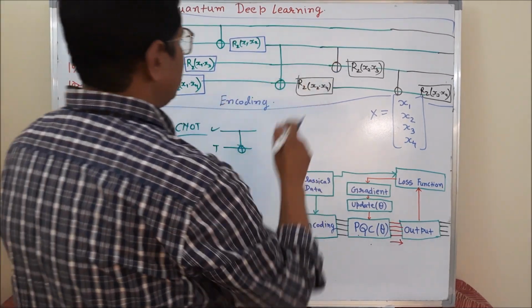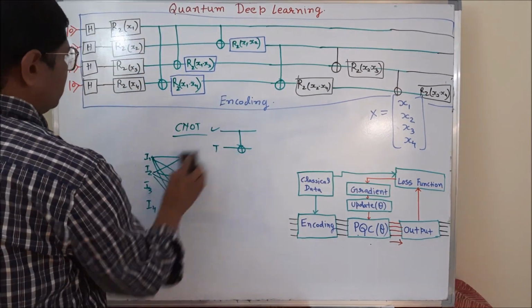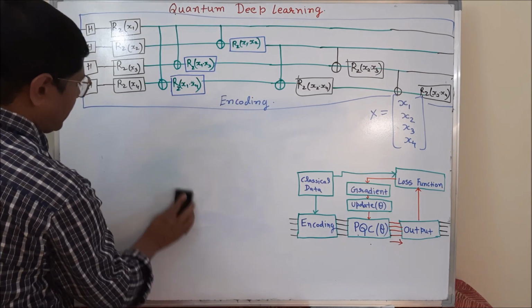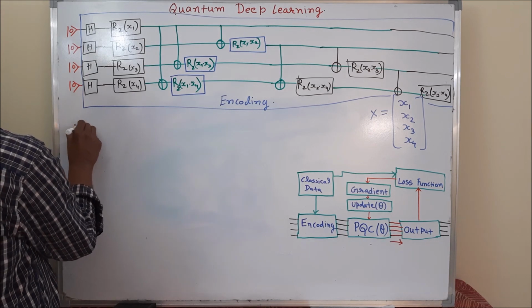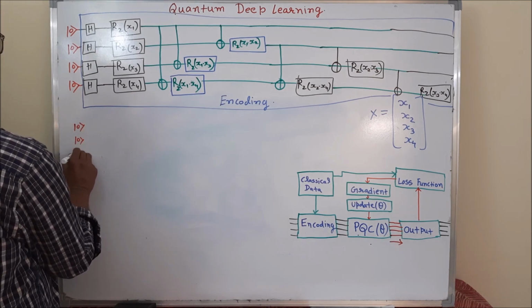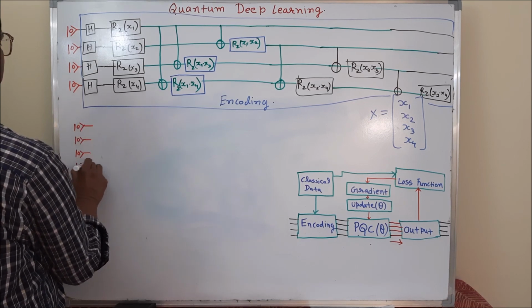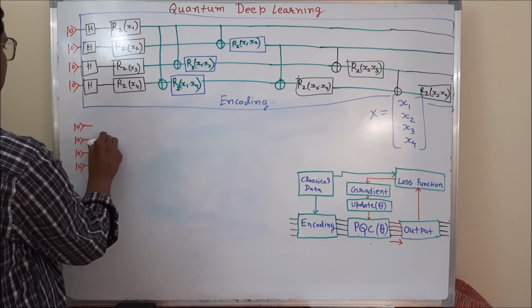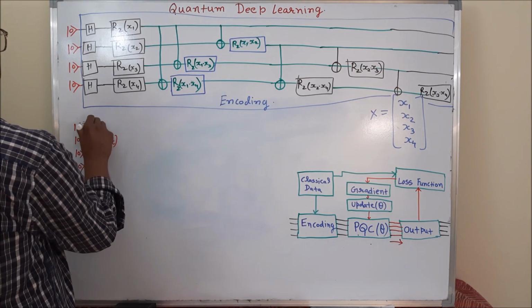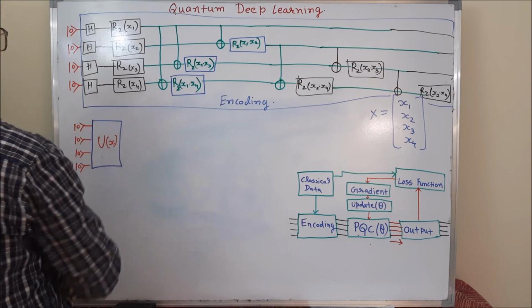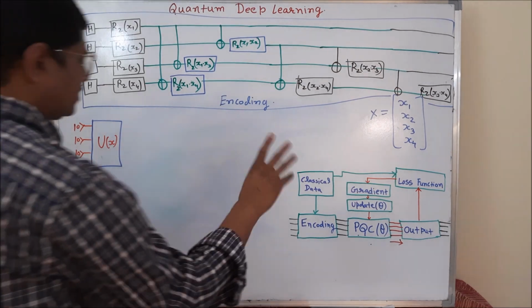We can apply multiple stacks of encoding also, and we can represent this encoding as, suppose, Ux. Now we will pass the data to a parameterized quantum circuit with parameter theta.